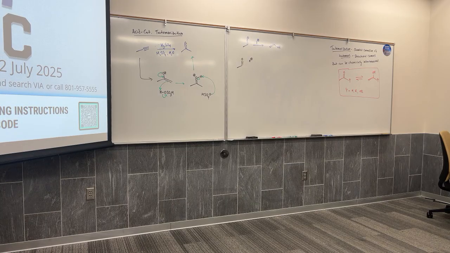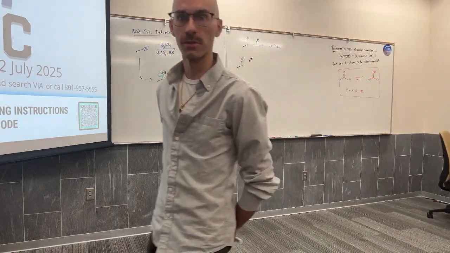So remember, if this is protonation and formation of the carbonyl, then the reverse would be deprotonation, elimination of the carbonyl. So we've got to figure out a way to show deprotonation, elimination of the carbonyl.